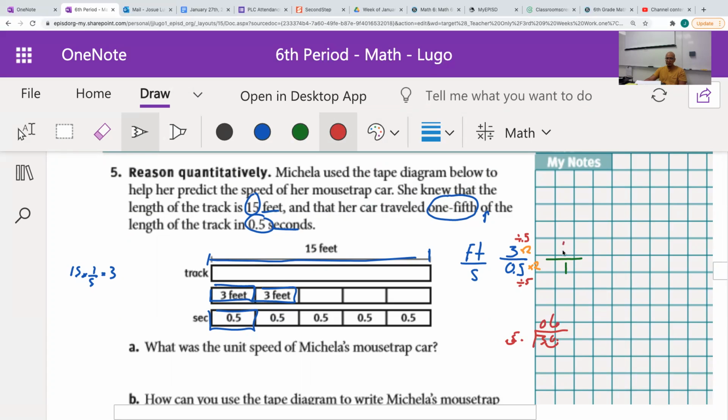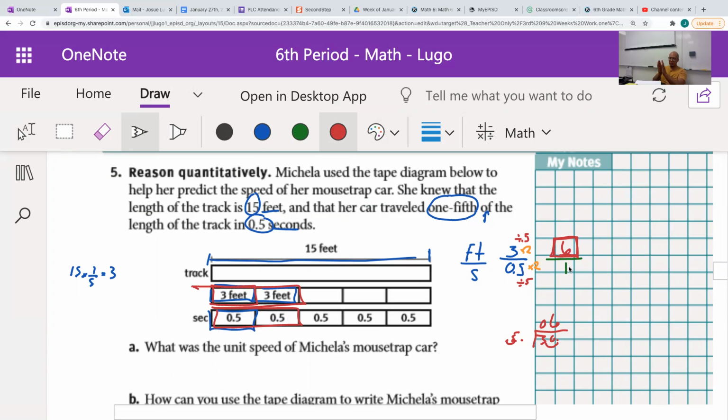So the car is moving at 6 feet per second, and notice that 3 times 2 is also equal to 6. Both of these work. If it covers 3 feet in half a second, it's going to cover 6 feet in 1 full second. That's exactly what I just figured out.